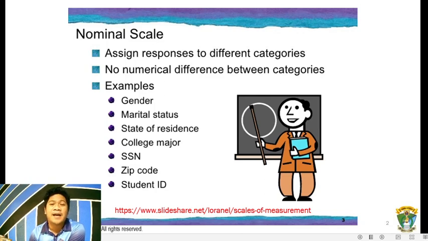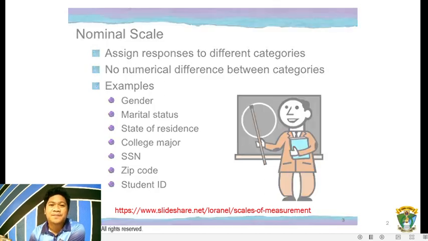Remember a while back that I mentioned nominal and ordinal are qualitative data, while interval and ratio are quantitative data. Now, look at the ID number. We know that an ID number is expressed in numbers, but it is considered qualitative data because your ID number is your label.